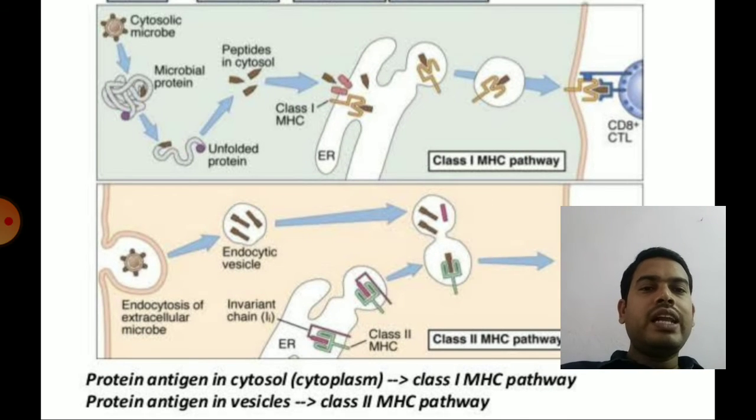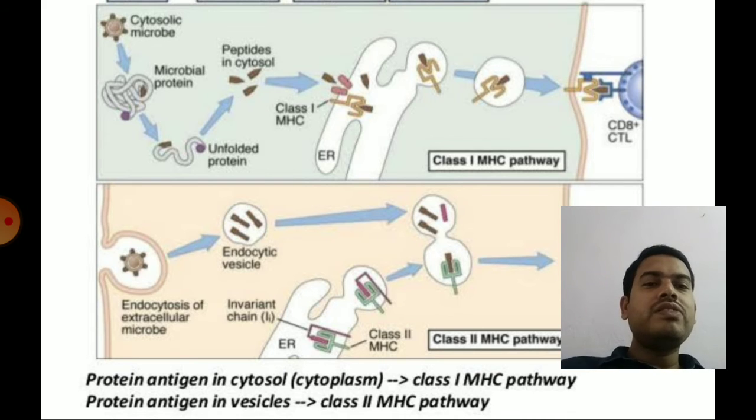The peptides in class 1 MHC are processed in the ER. The MHC class 1 is bound to the processed peptides and then it is transported to the transmembrane region. But in class 2 MHC molecule, the peptides are processed outside the ER and the MHC molecule combines with the processed peptides outside the ER.